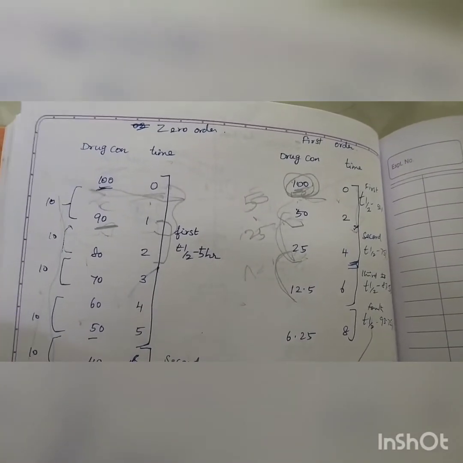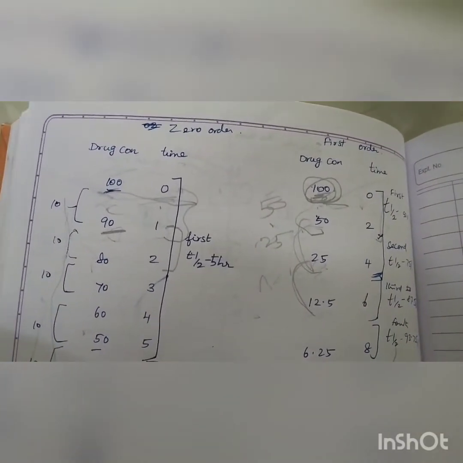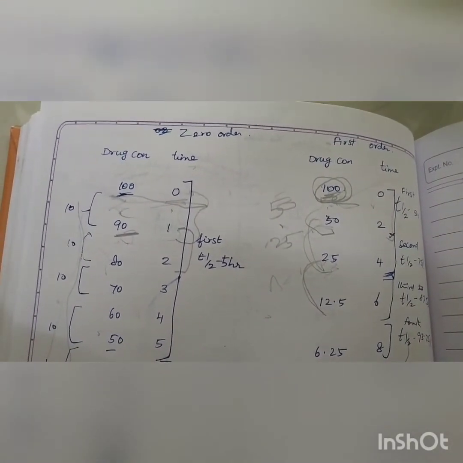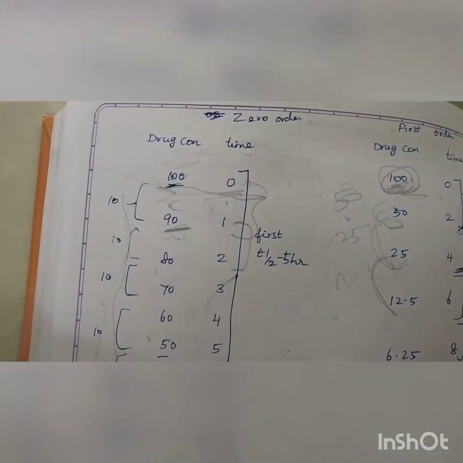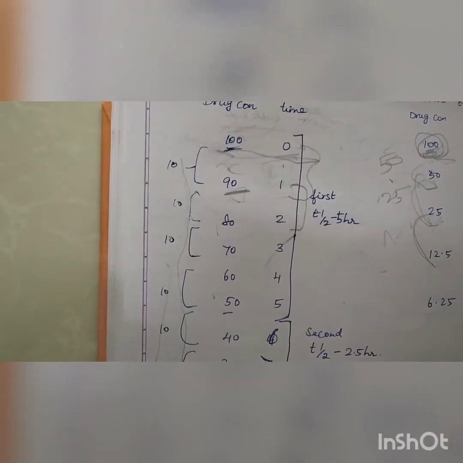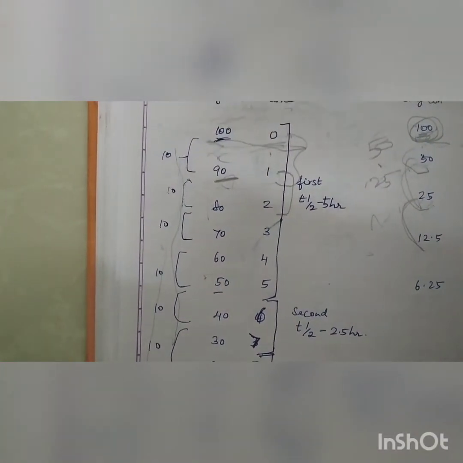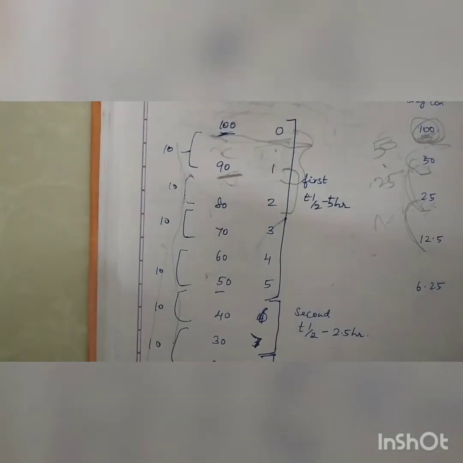So this is another illustration to help you understand the zero order reaction and the first order reaction. Here, in the zero order reaction, we start with 100. It is independent of the concentration. Even though you have 100 milligram, only 10 milligram is eliminated every 1 hour.